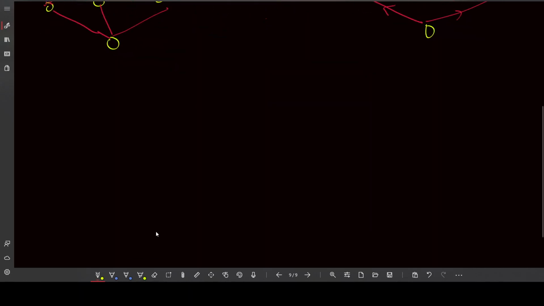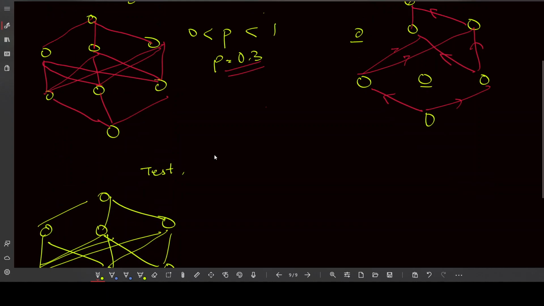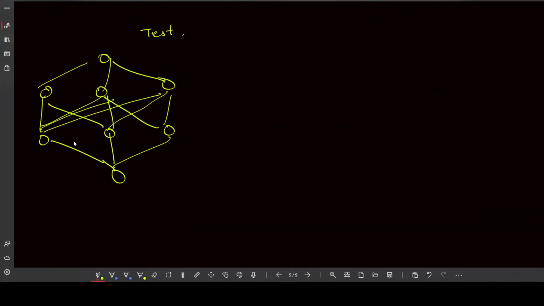If you have neurons one, two, three, four, five, six, seven, these are all your connections. This is during test, okay? The value that you chose for your dropout, you just multiply all the weights with that value.